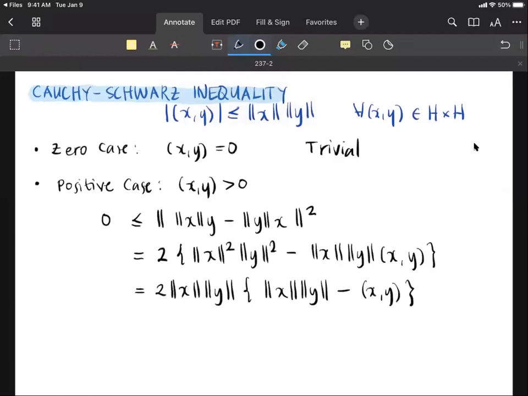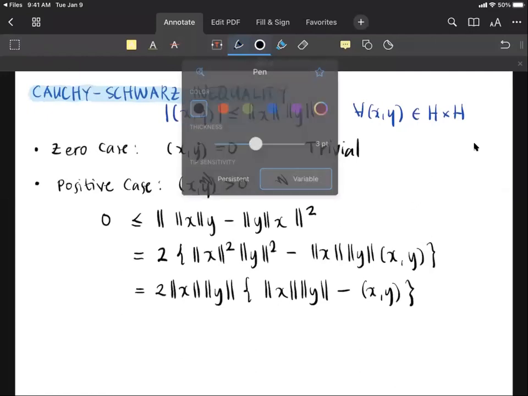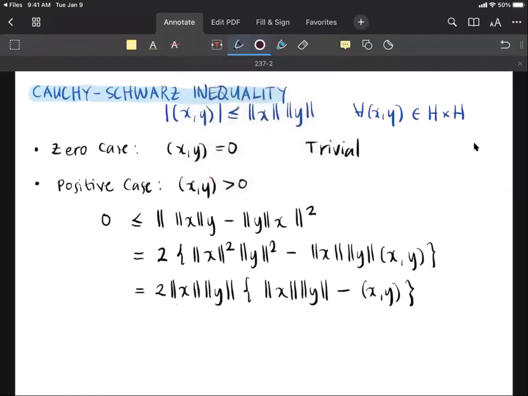And you end up with this inequality. Take note that neither x nor y must be 0, because otherwise, if x is 0 or y is 0, this inner product would be 0, as we have shown at the beginning. Okay. So neither x nor y must be 0, hence the norm must be strictly positive.